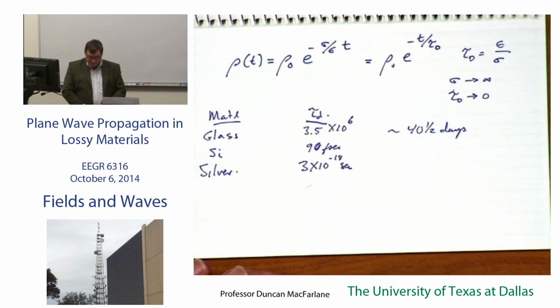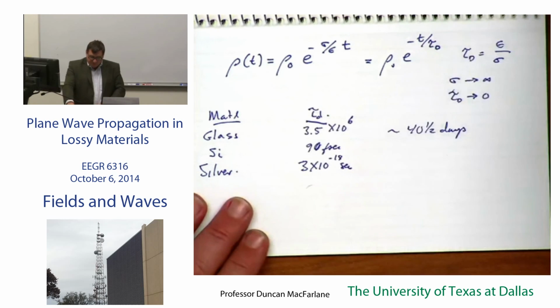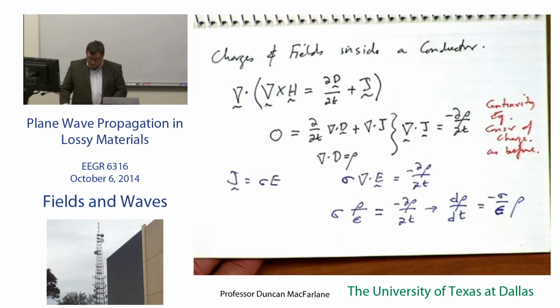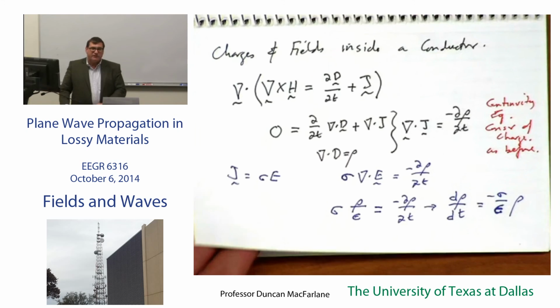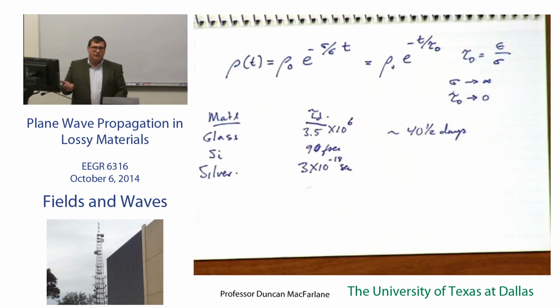Okay. Well, this is an important digression to point out where the charge is, because next time what we're going to do is we're going to take our plane wave solutions and we're going to bounce them off of walls. Okay. We're going to take a plane wave solution and we're going to bounce it off of a shiny metal surface. I'm going to describe it as a shiny metal surface. I'm giving you a big old hint about what's going to happen. It's going to turn around and come right back on us.